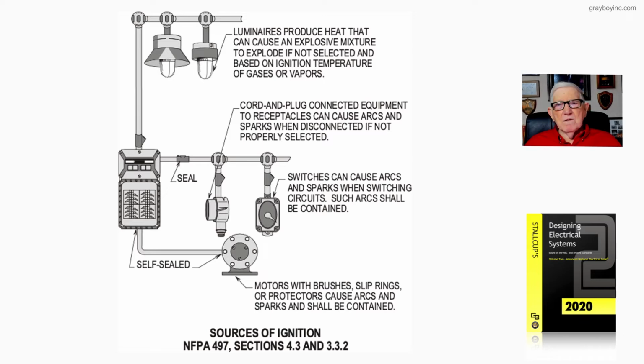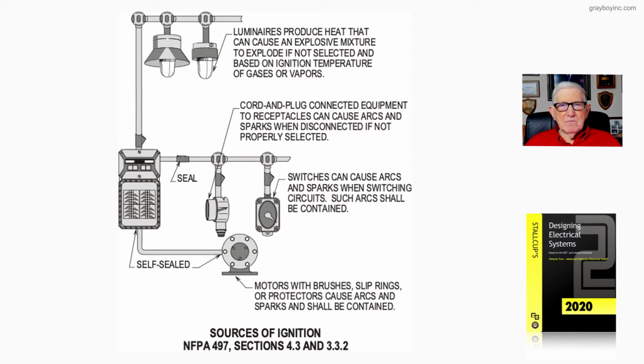Now notice at the very top of the illustration we have the lighting fixtures, and luminaires do produce heat when they're operating. That can cause an explosive mixture to explode if not selected based upon the ignition temperature of the gas or vapor. And as we said before, 501.130 deals with these luminaires.